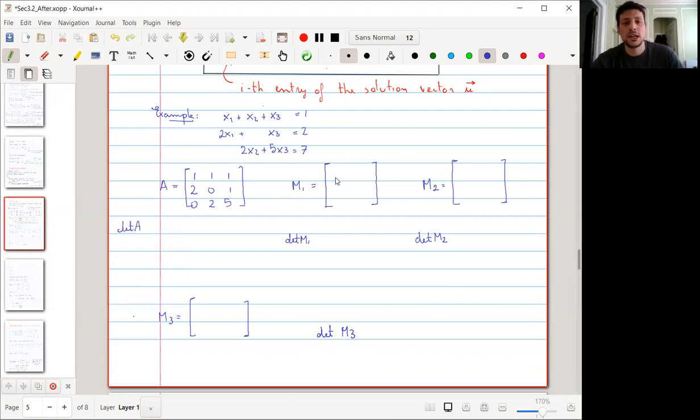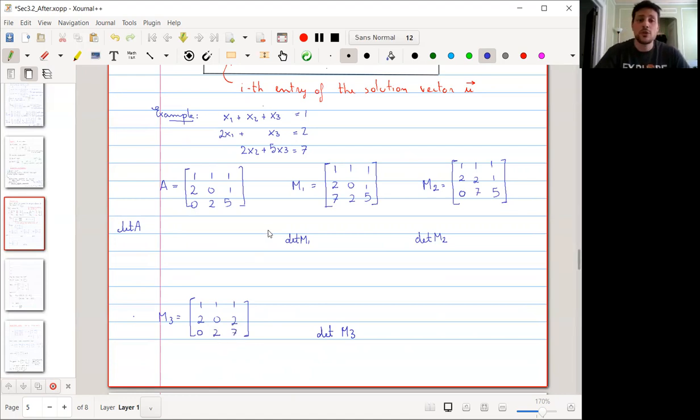M1 is what I get by substituting the vector B, 1, 2, 7, into the first column of A. M2 is obtained similarly by substituting 1, 2, 7 in the second column of A. And the third matrix M3 will have the same two columns as A, but the third will be replaced by the vector of constants, 1, 2, 7.